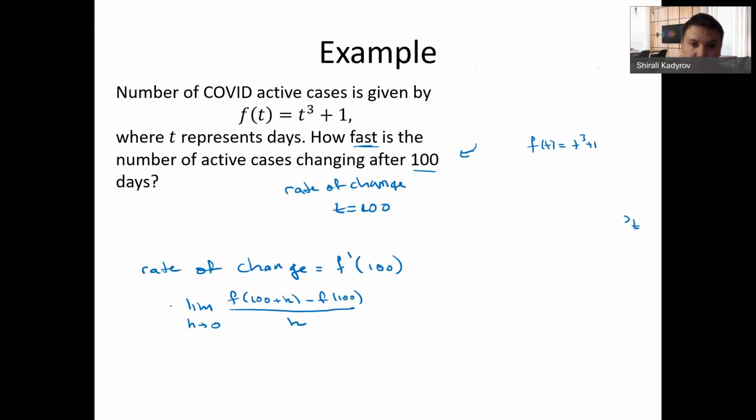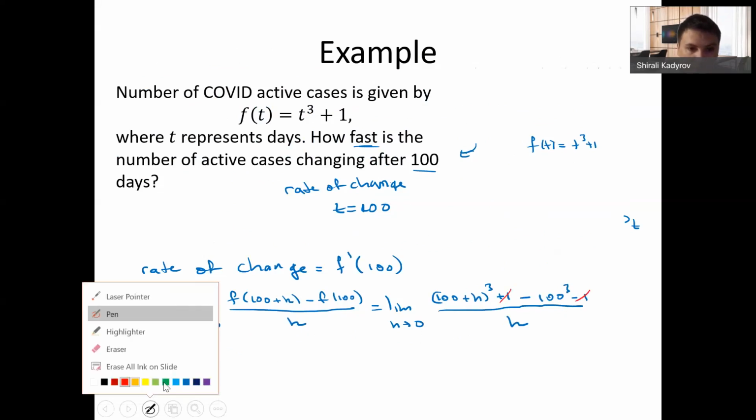That would be the answer if I manage to calculate. What is t cubed plus 1? So this is 100 plus h, cubed, plus 1, minus f of 100, which is 100 cubed plus 1, divided by h. So the plus ones cancel with each other.